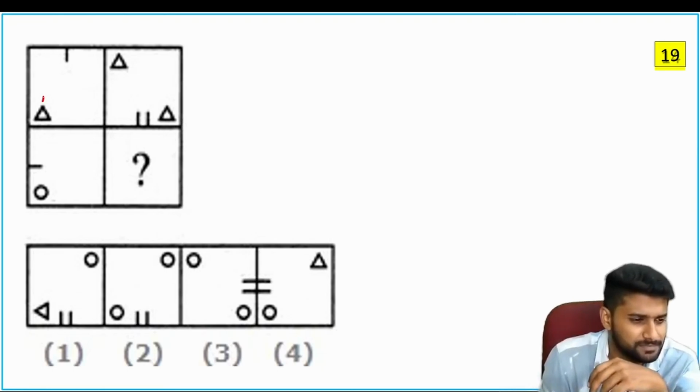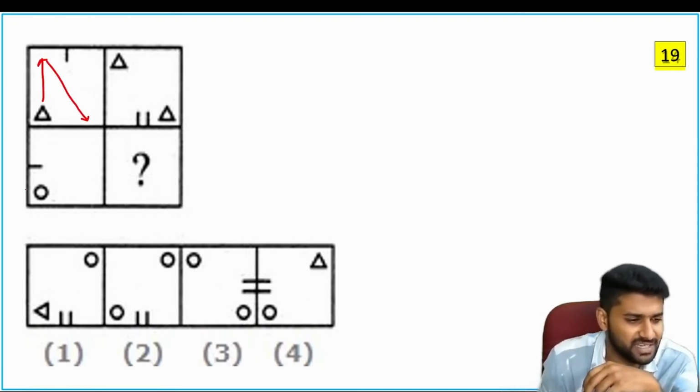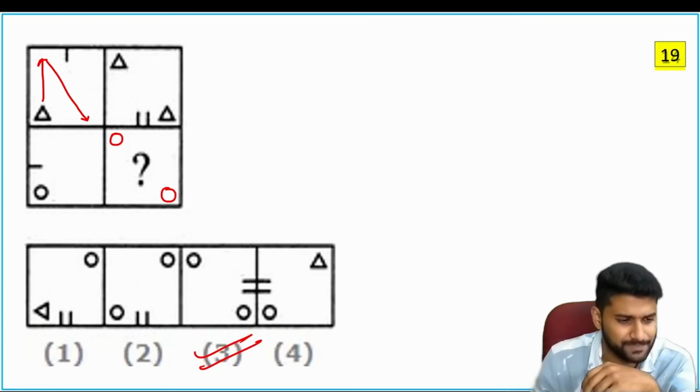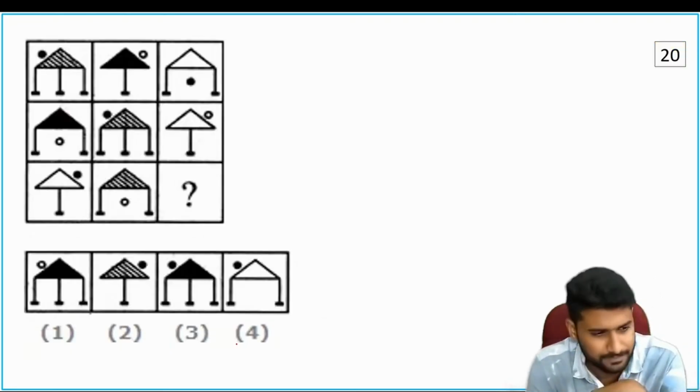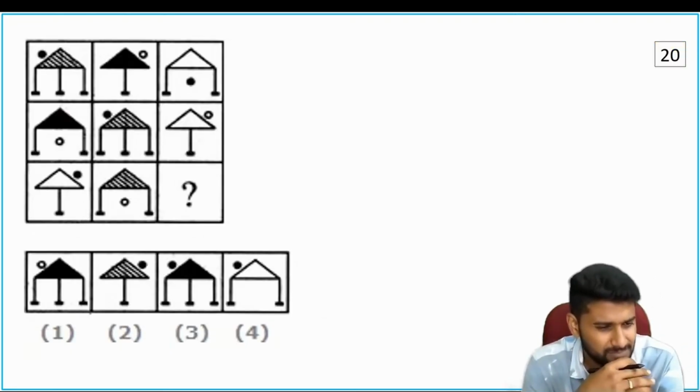Now see, the triangle is shifted to this position. Consider one more reflection diagonally. Same, you have to consider the circle here. You have to take this corner also. So the suitable answer is 3. Next, see this picture.